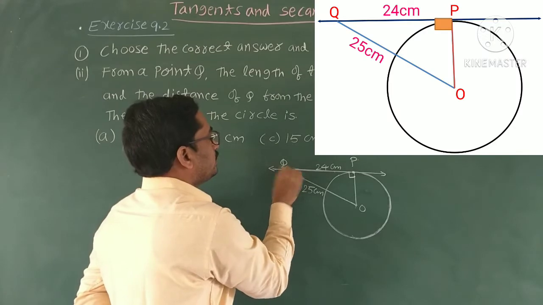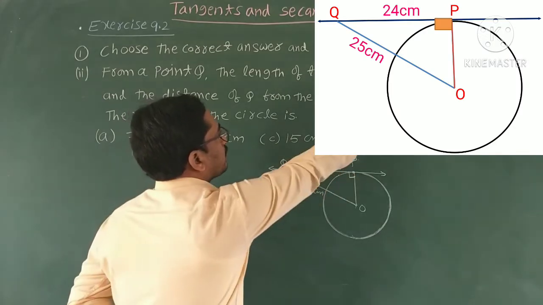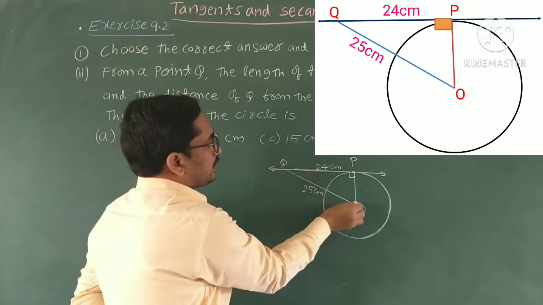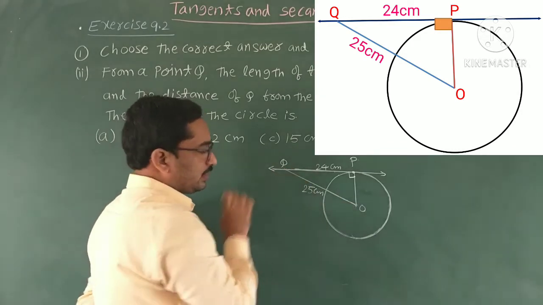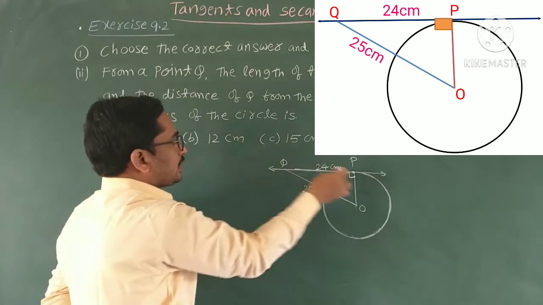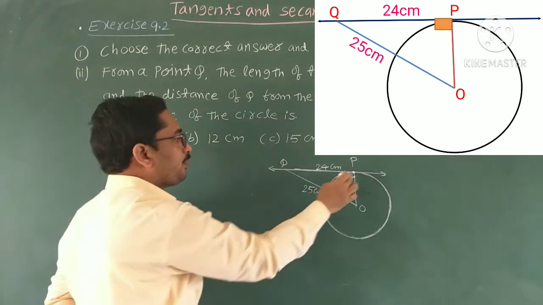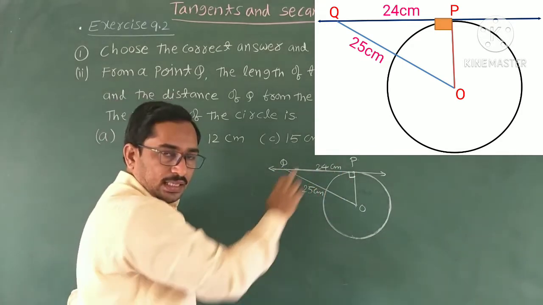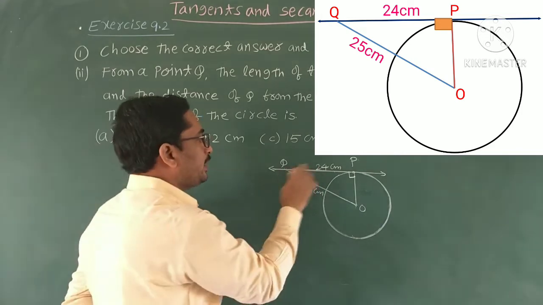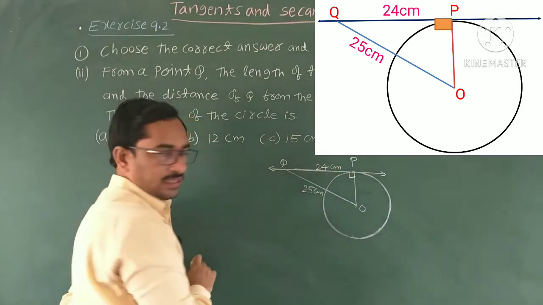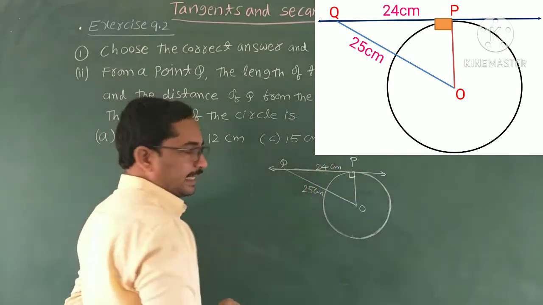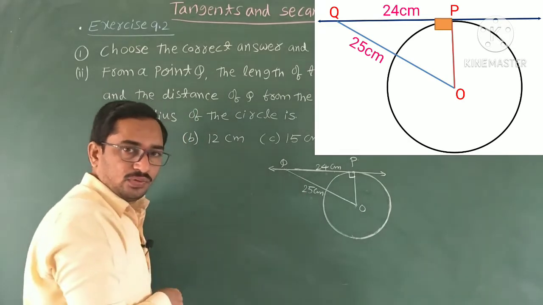We have to find out the length of the radius. In the diagram, PQ is a tangent, its length 24 centimeters, OQ is 25 centimeters, OP is the radius of the circle, and we have to find out the length of OP.